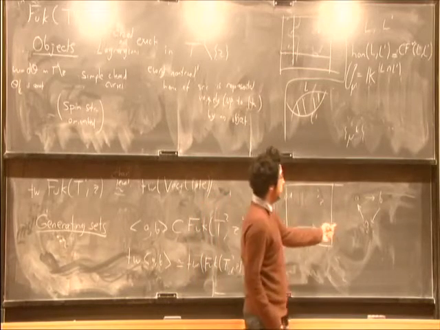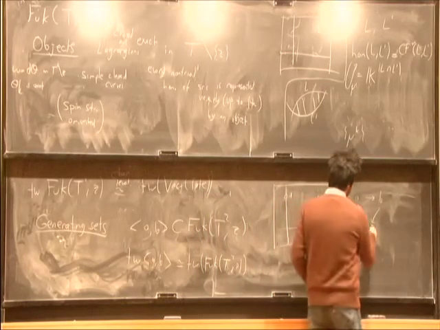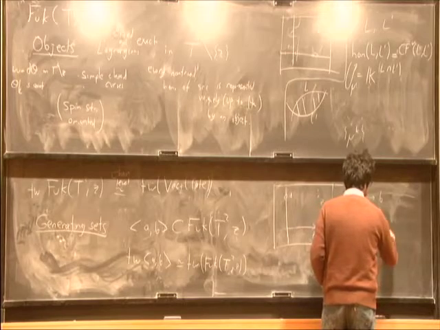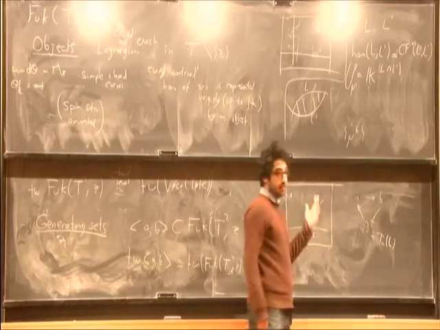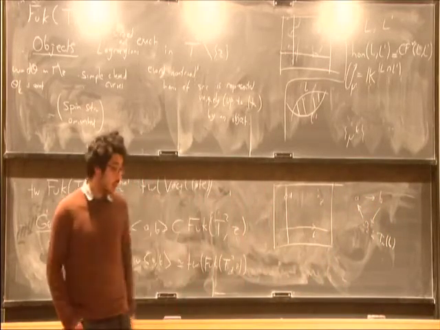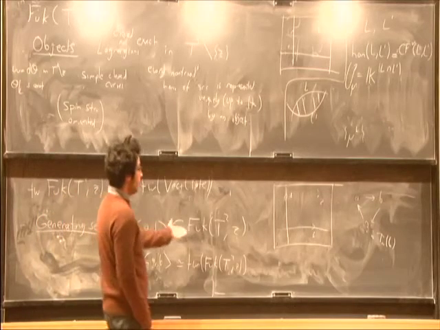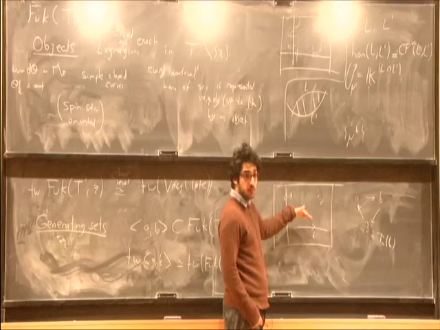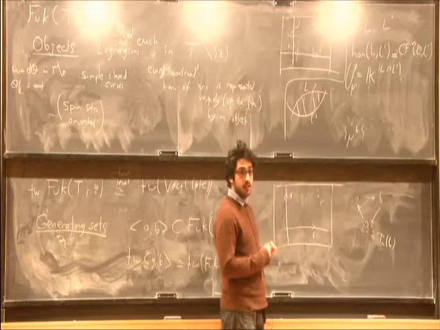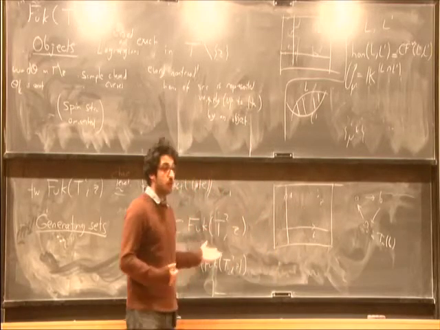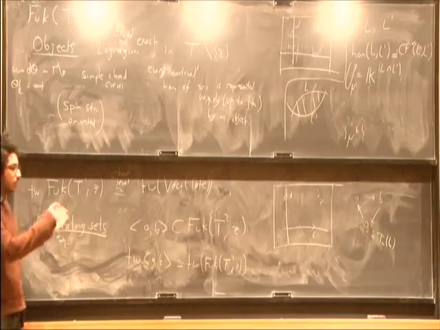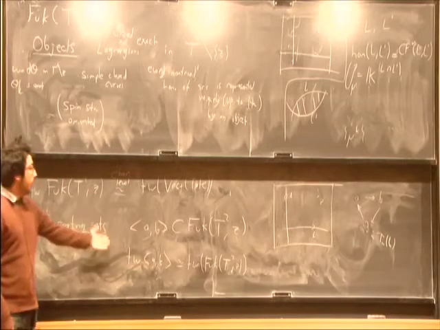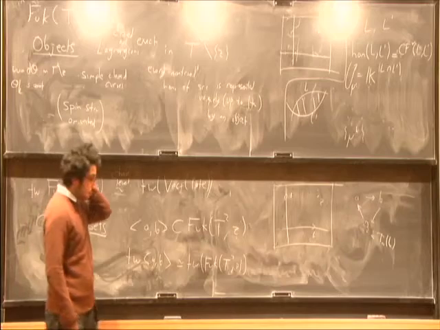This corresponds to the Dehn twist, so this object is the Dehn twist of B by A. This is an example of a Seidel's exact triangle. So if I take sufficiently many copies of A or sufficiently many copies of B and apply the twists around them, then it's clear that I can get all the curves. So this is an intuitive explanation of why A and B generate this category.